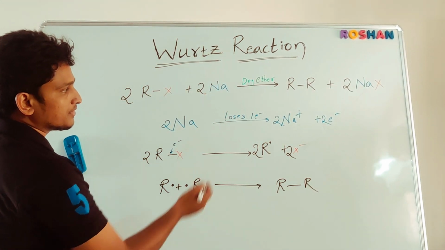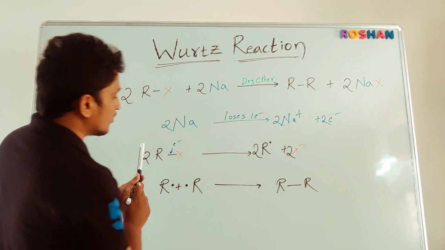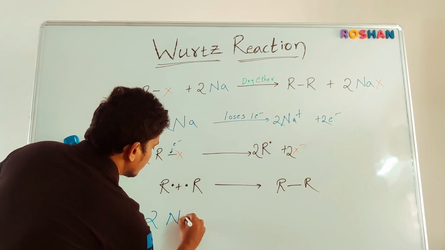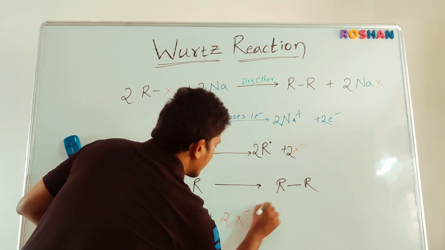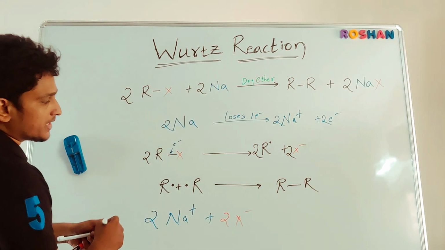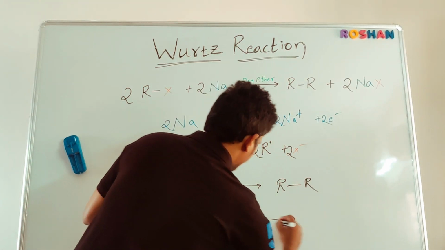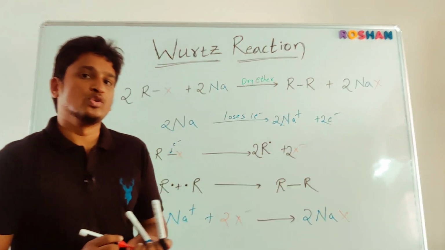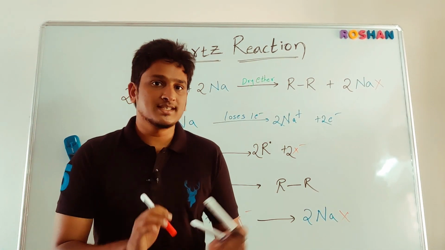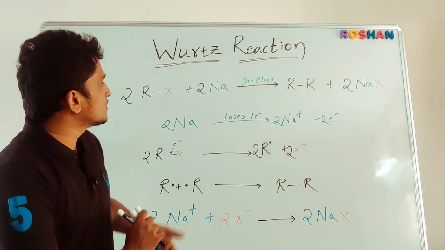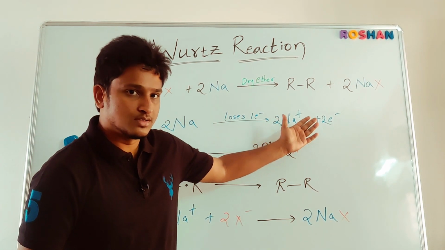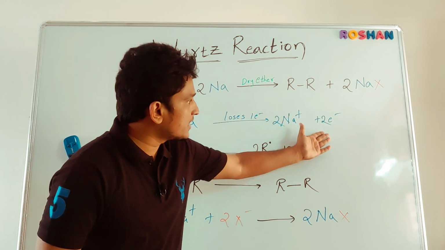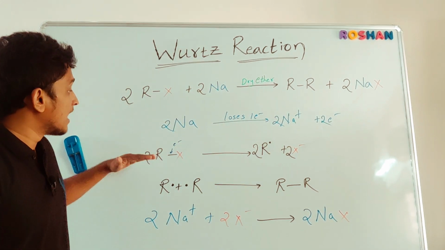And what remains in this reaction, students? We have sodium ions plus halides. They combine in a 1:1 ratio and form 2 moles of sodium salt. So this is the mechanism of the reaction. First, sodium loses 1 electron and becomes a sodium ion, and this electron influences the bond in the alkyl halide.